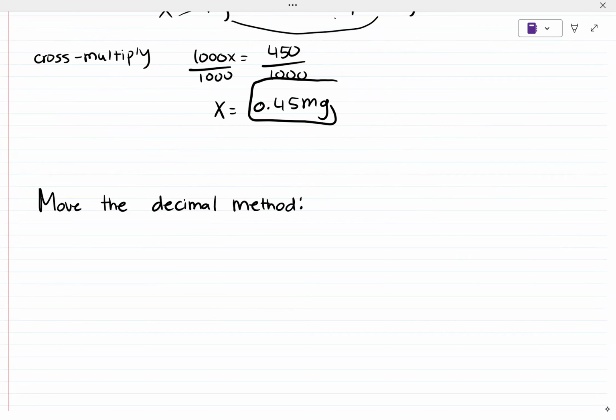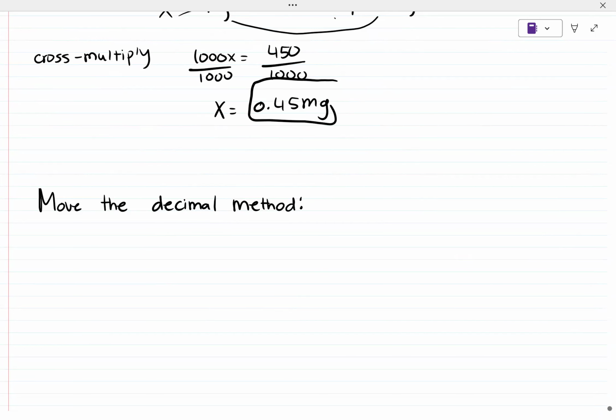So what do we have? We were given, so yeah, we are going from a smaller unit. So we started with MCG, which is pretty small, right? We're going from a smaller unit to a larger unit.